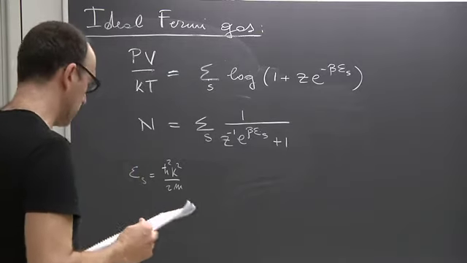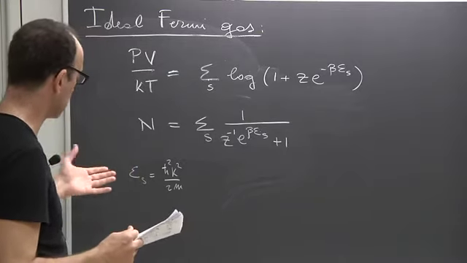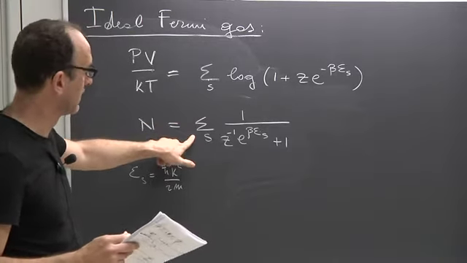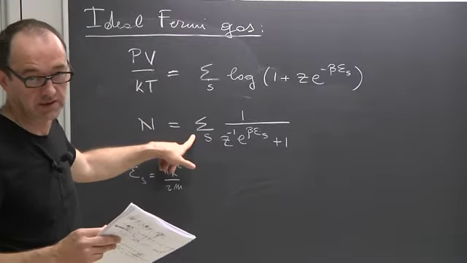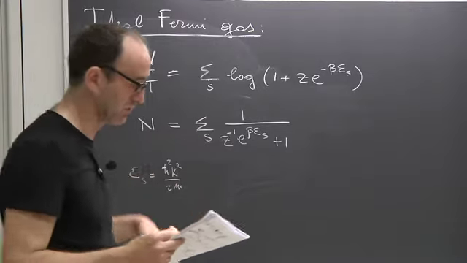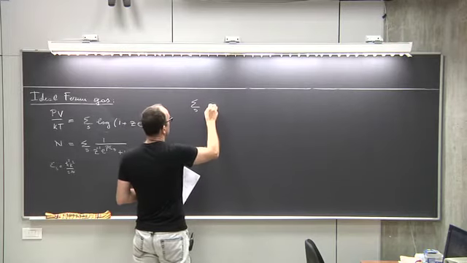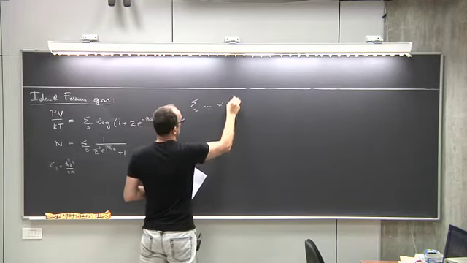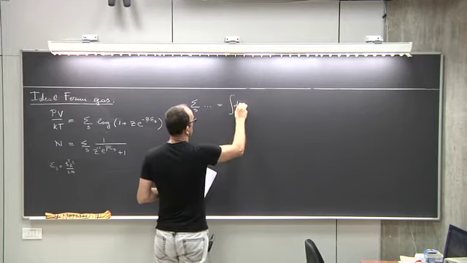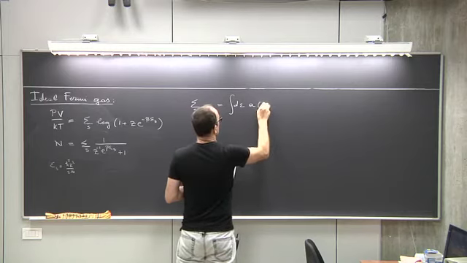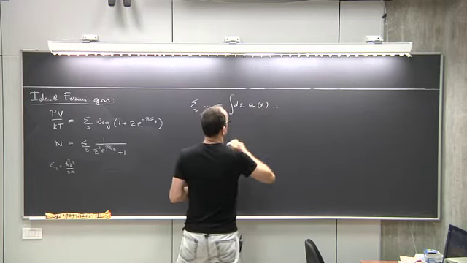So we can turn this sum over the states into integrals over the energies in the usual manner. So the sum over the states becomes an integral over the energies with a density of states.